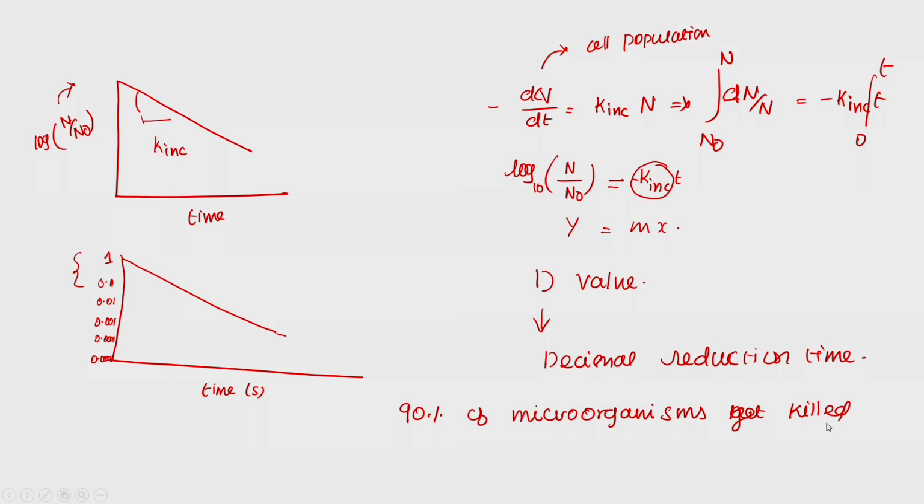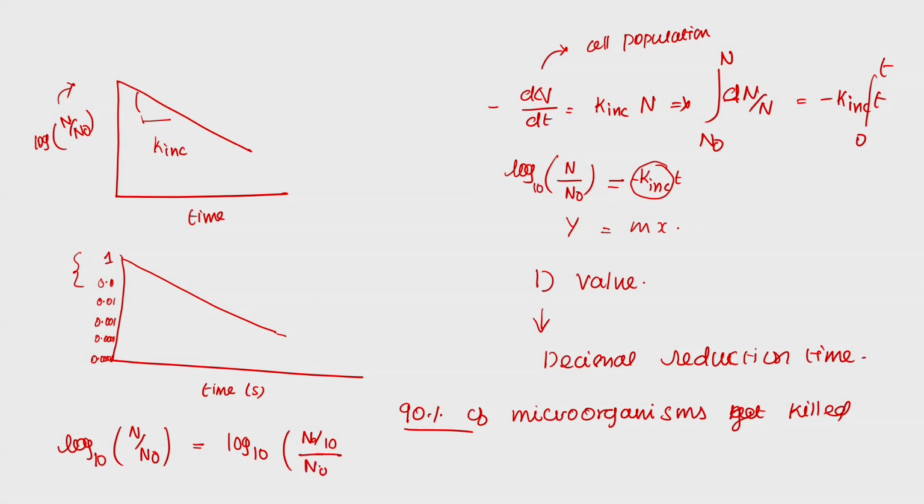With 1 log reduction, I will be having only 10% of the microorganisms remaining, right. So if I have to put log of N upon N naught, what did I say? 90% of the microorganisms get killed at 1 log reduction. So how much would the initial concentration be? I will be having only 1 by 10th. Otherwise, 10% of the microorganisms would survive. So that is nothing but 0.1 of N naught.